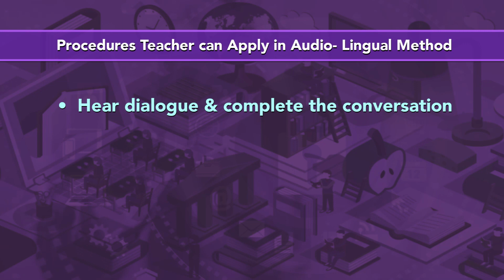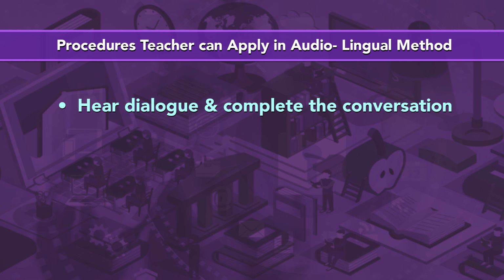Here, instead of recording the teacher's voice, we can ask a student to record his or her voice and ask another student to complete the exercise which has been given by the teacher.